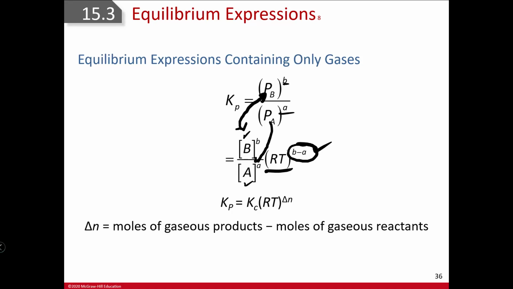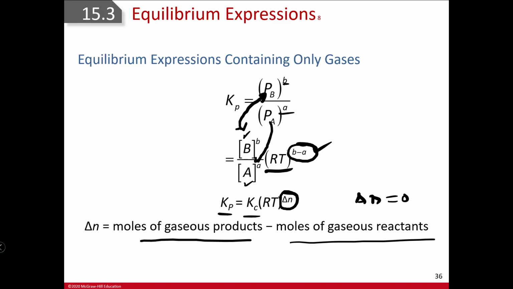So B minus A is equal to delta n, which is the number of moles of gaseous product minus the moles of gaseous reactant. And here's what you need to know. If the change in number of moles of gas is equal to 0, then RT raised to the 0 power is 1, and Kp and Kc will be exactly the same.